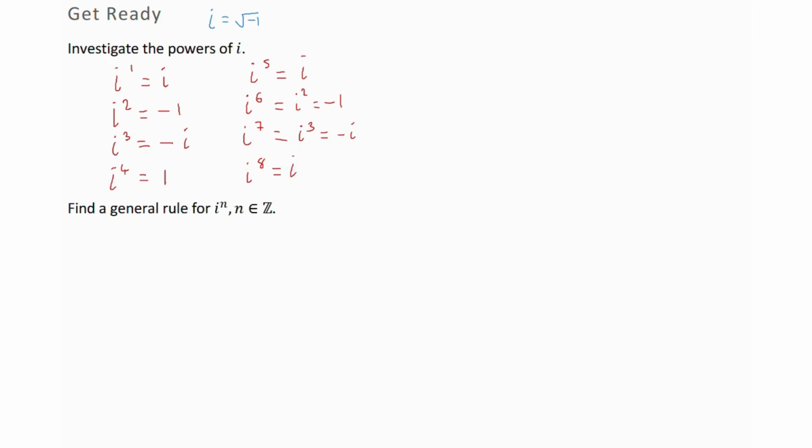But that's just i to the 4, which is 1. And what you might have noticed immediately here is that there's this repetitive pattern. So i to the 9 is going to be i, i to the 10 is going to be minus 1, i to the 11 is going to be minus i, and i to the 12 is going to be 1. And it just carries on like this.